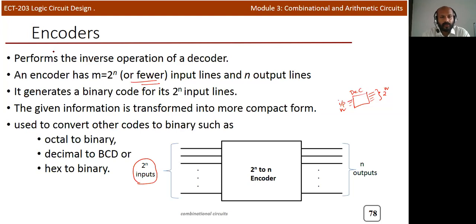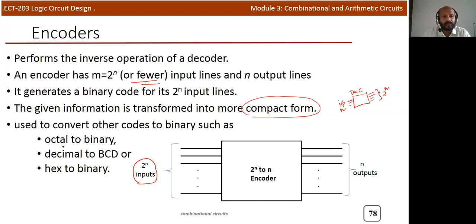One application of this encoder is that the given information is transformed into a compact form. There are 2 raised to n input lines and n output lines, which means we can reduce the number of bits used in a particular circuit by using an encoder.